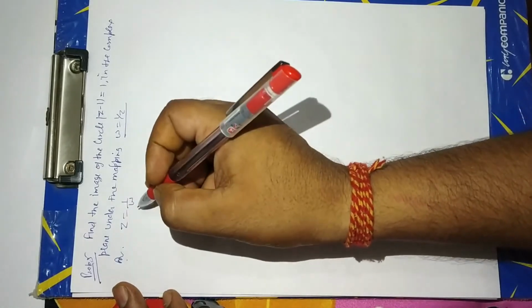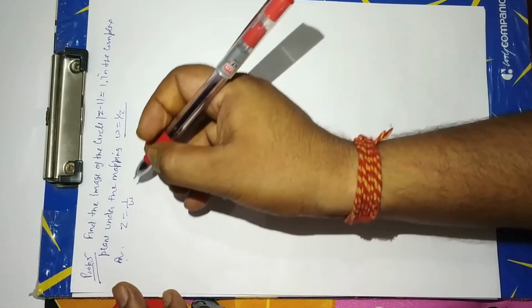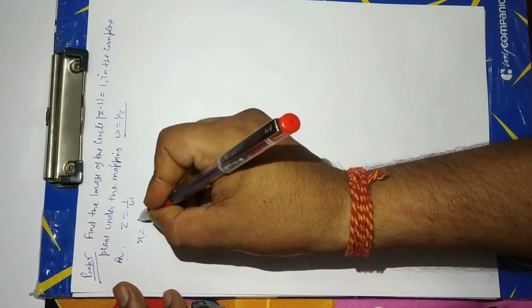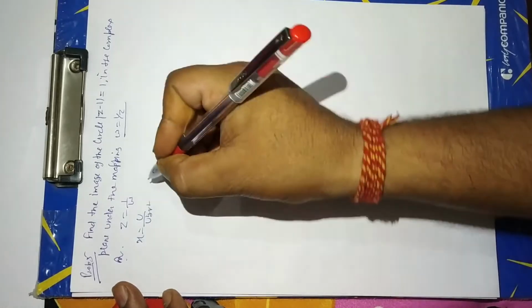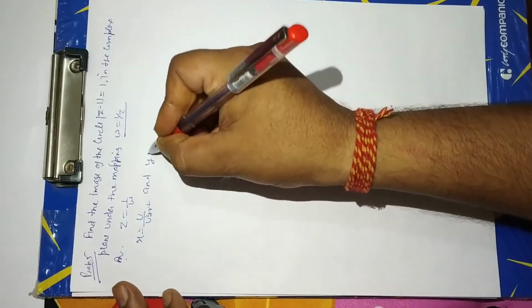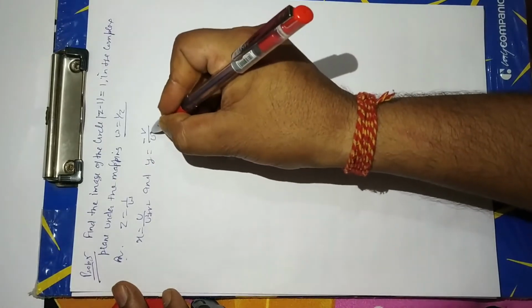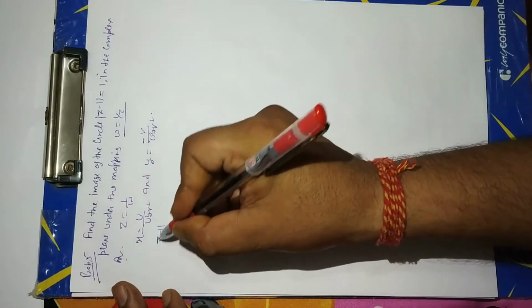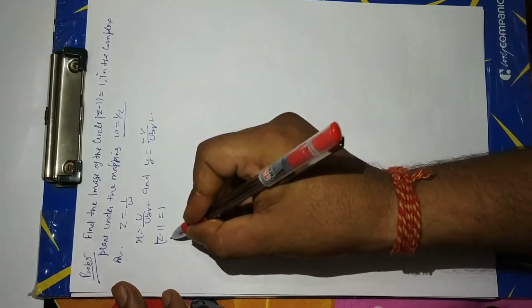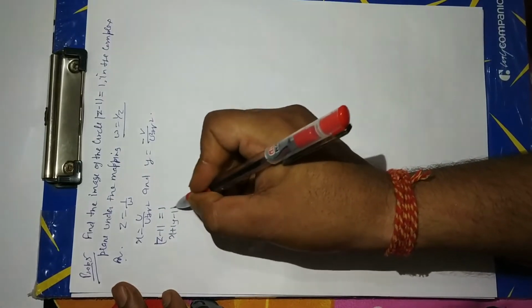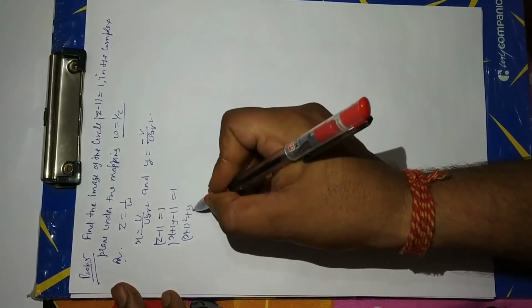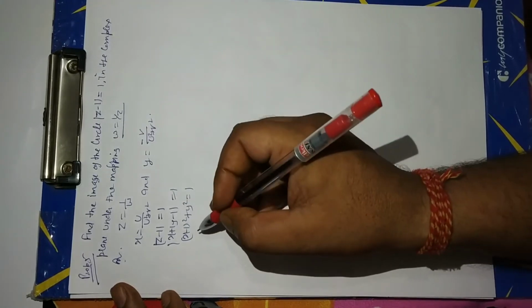Now we can solve the question accordingly. x = u/(u² + v²) and y = −v/(u² + v²). Now the given equation of the circle: putting x + iy, |x + iy − 1| = 1. Now (x − 1)² + y² = 1.